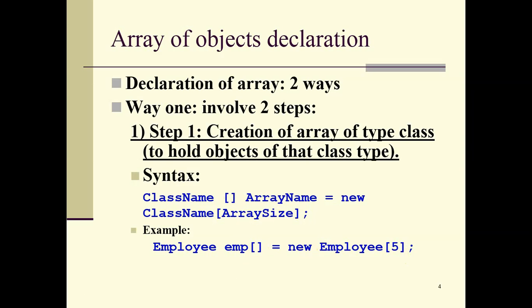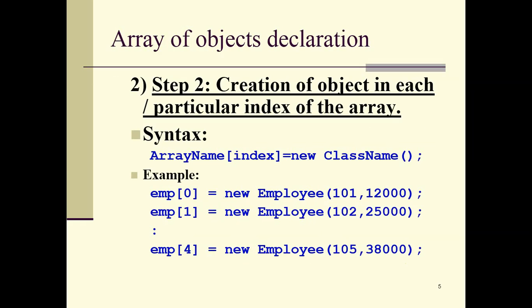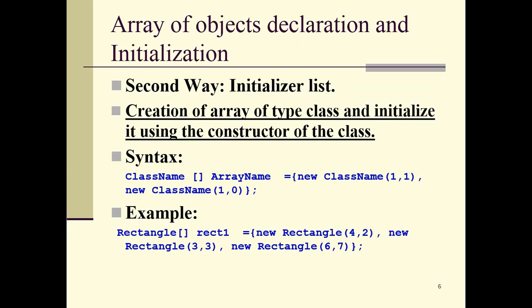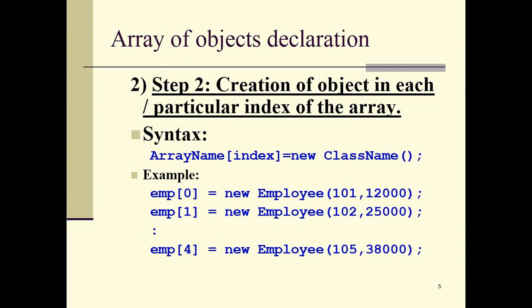Next, number 2, we create an object in each index of the array. For example, we can now create an object at index number 0, which is item number 1.